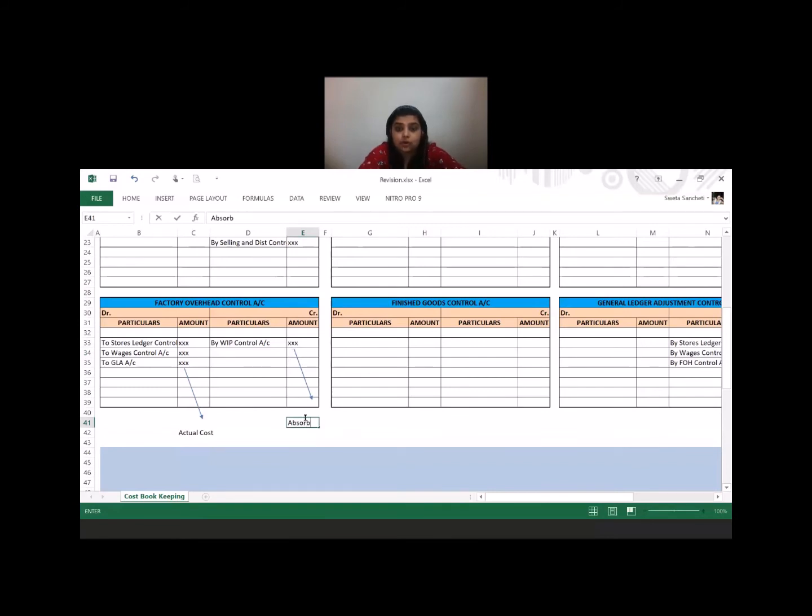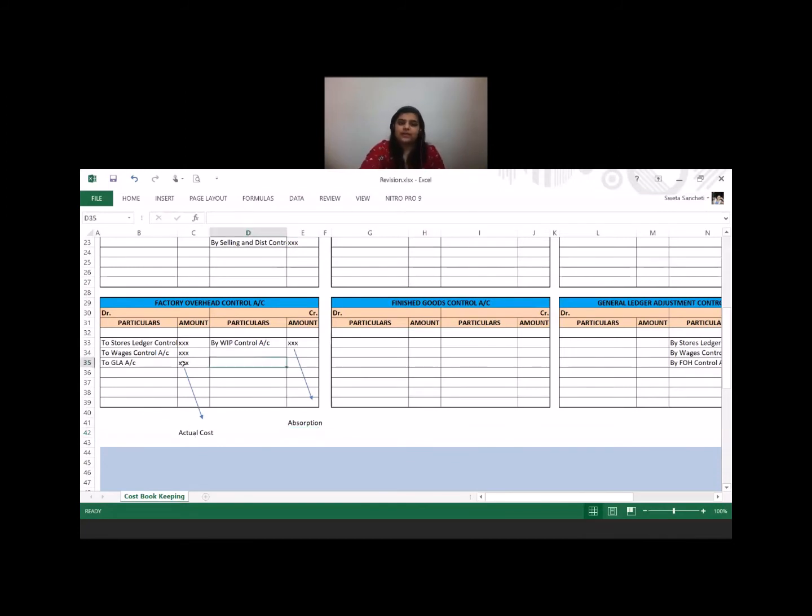What I am absorbing from the units. Now you tell me, what is the difference between actual cost and absorption? The difference between actual cost and absorption is under or over absorption. So what do we do with under or over absorption? We shift it to the costing P&L.